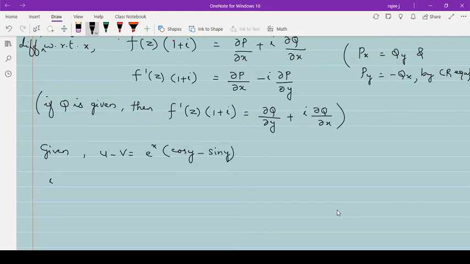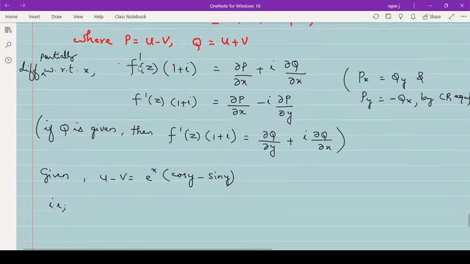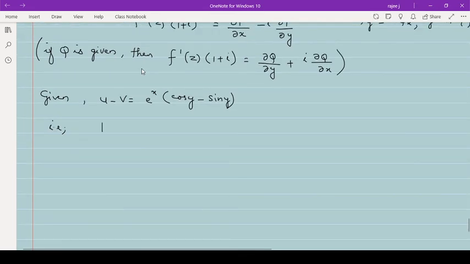That is what is given, that is, u minus v is p. So p is given, that is p is equal to e raised to x into cos y minus sin y.